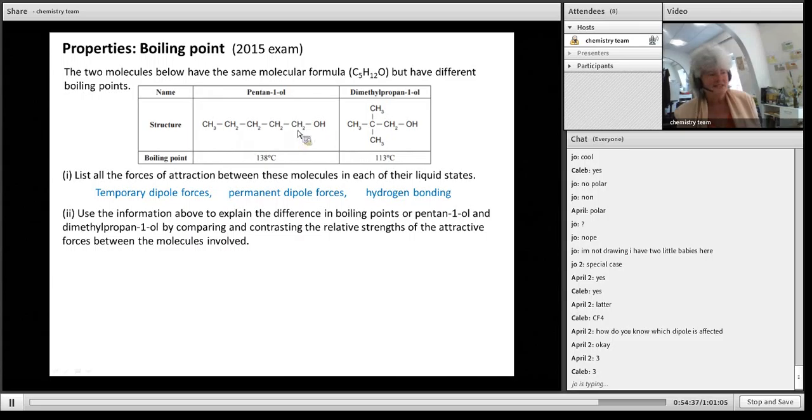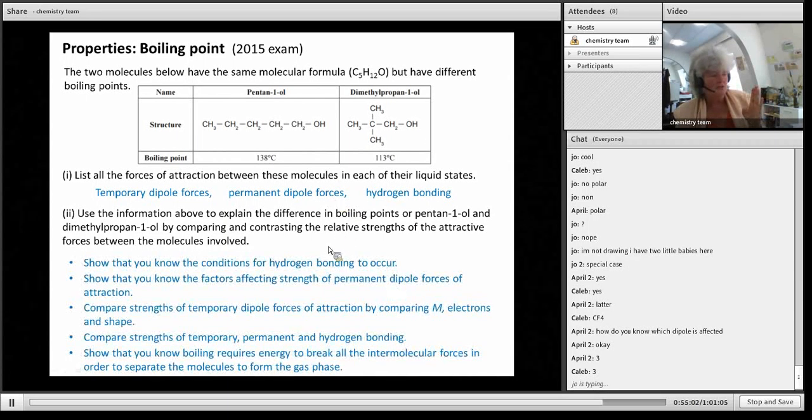The dipole moments will be similar, so the permanent dipole force of attraction will also be similar. You don't have to know the exact details of it. You just say, well, you've got a non-polar end and a polar end, and a non-polar end and a polar end, so it's a similar separation of charge.